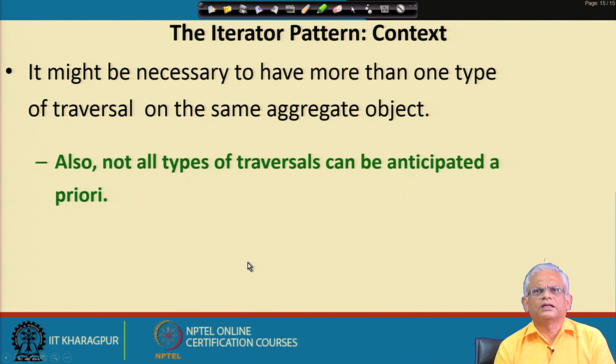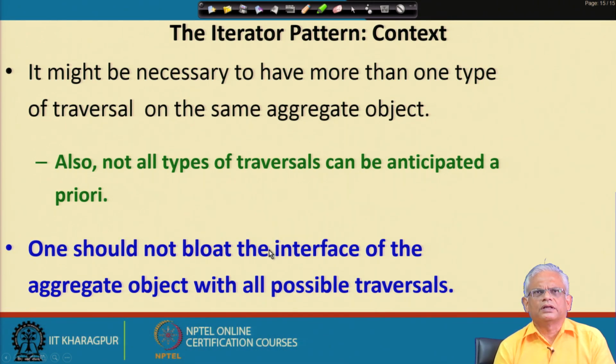We can define the iterators for any specific type of traversal that we need, and we do not want to change the aggregate class. Neither do we want the aggregate to have a very bloated interface supporting all possible types of traversals that somebody may need.